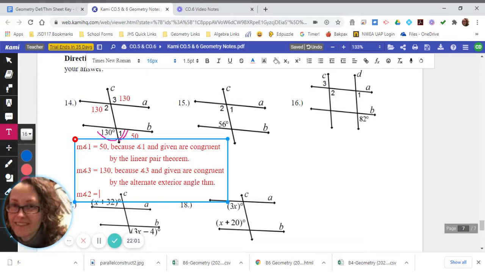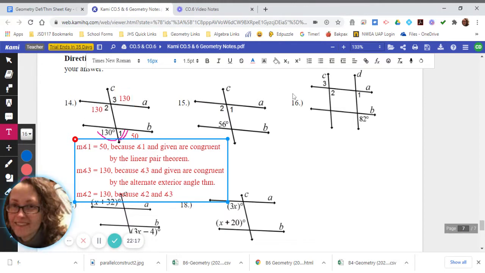And that is going to be equal to 130. And I know that because angle 2, and this time I can use angle 3.